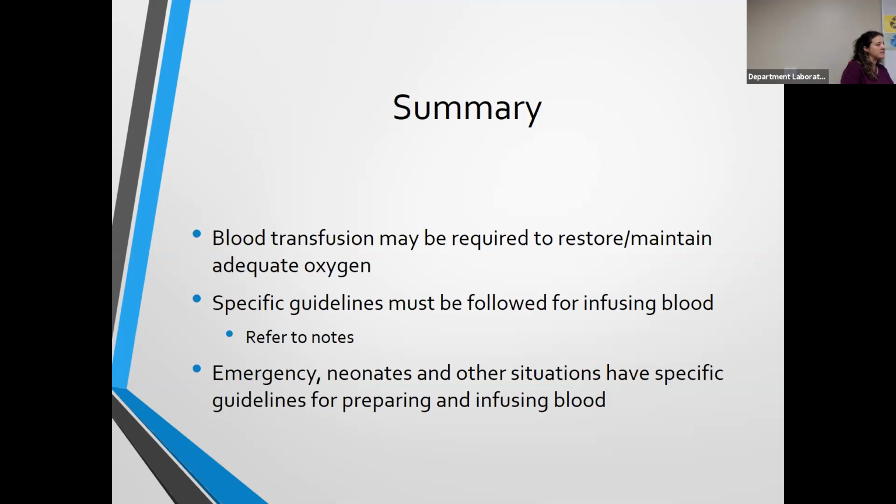But your lab has to have a procedure for that. Otherwise, it's just O negatives. That's why if any of you are O negative and you donate, the donor center will usually harass you. Number one, O negative is the universal donor. It can go to anybody. And number two, babies can use that as well.